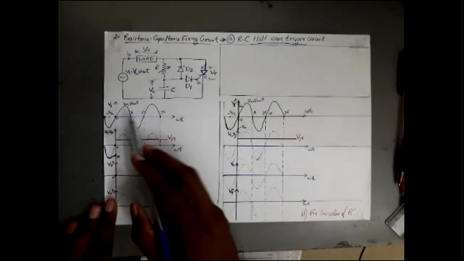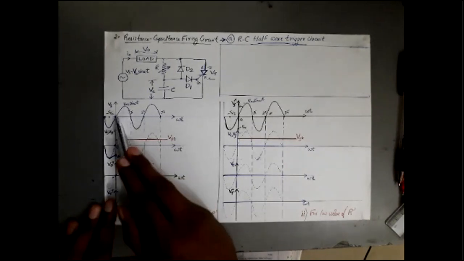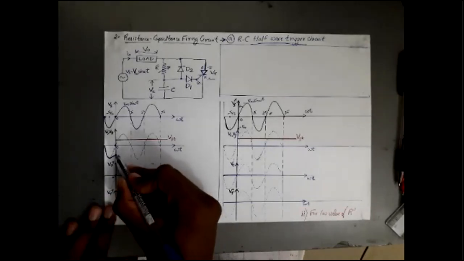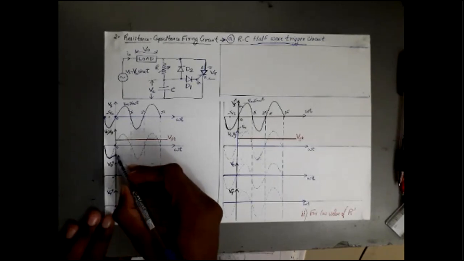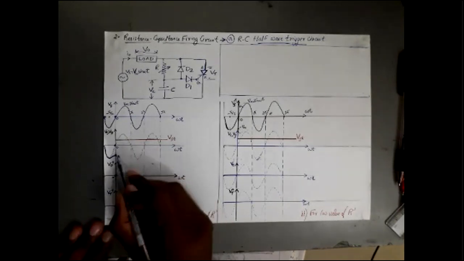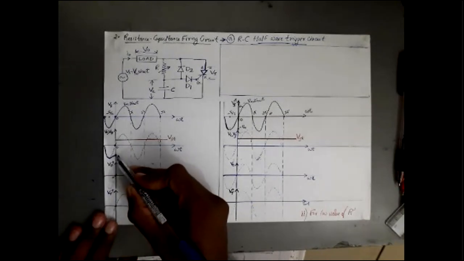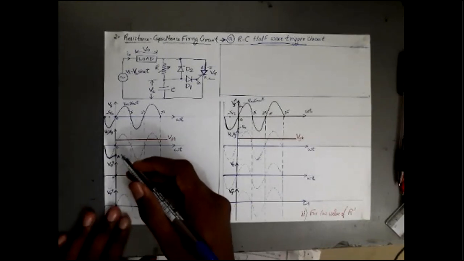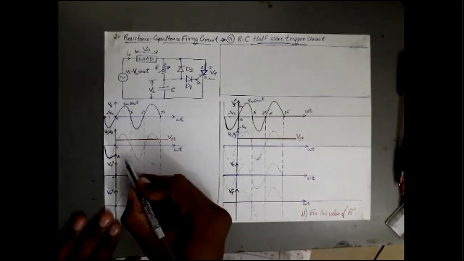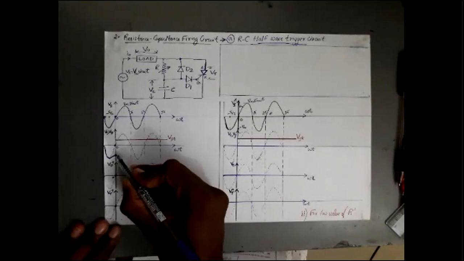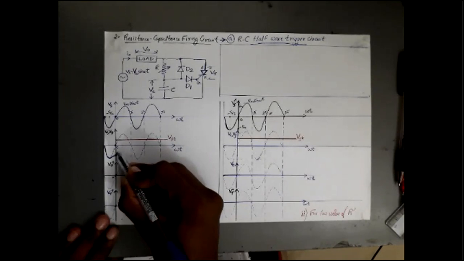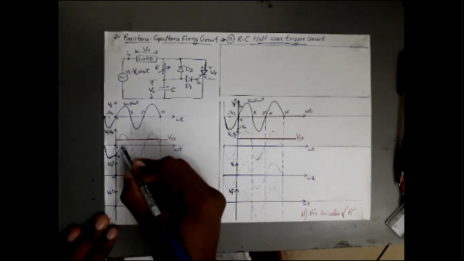Then during the positive half cycle, Vs starts from 0, and my Vc starts from point A, that is a negative voltage. When Vs is slowly increasing, the capacitor won't change at the same rate as Vs because it opposes sudden change in voltage. So my capacitor will be charged slowly.